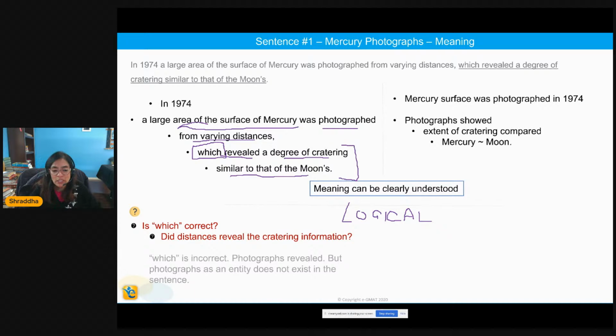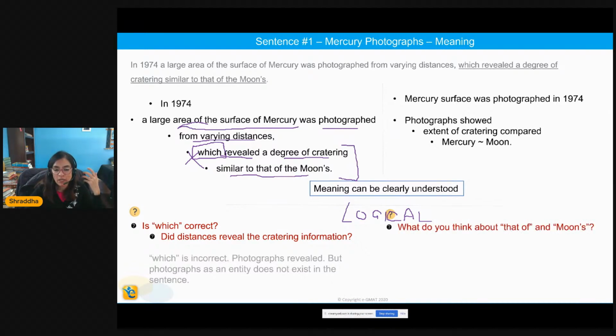So we know that the use of which is absolutely incorrect in this sentence. This is the grammatical error that I figured out in the original sentence, or let's say choice A. That's the problem. So if it is not the distances, then what is it?